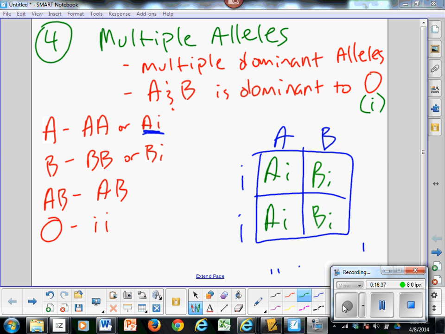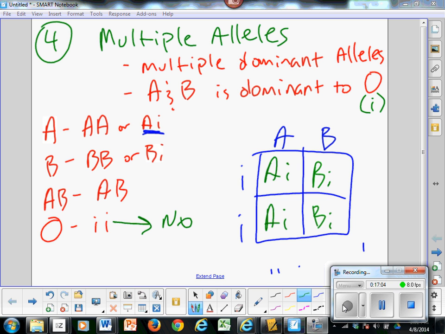So here are the types of questions. So you do the Punnett square. Can these two individuals have a child with O blood? No. Why not? It's not possible. You don't see this in the Punnett square.